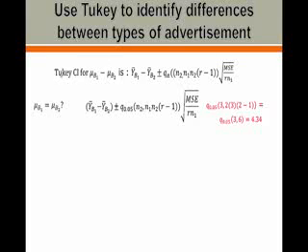I will use an interval for mu B1 minus mu B2 as y bar B1 minus y bar B2, plus or minus Q, square root of mean square error times the square root of 1 over Rn. The first thing to find is what is this Q. From the table in the book, Q at 0.05 is 4.34.